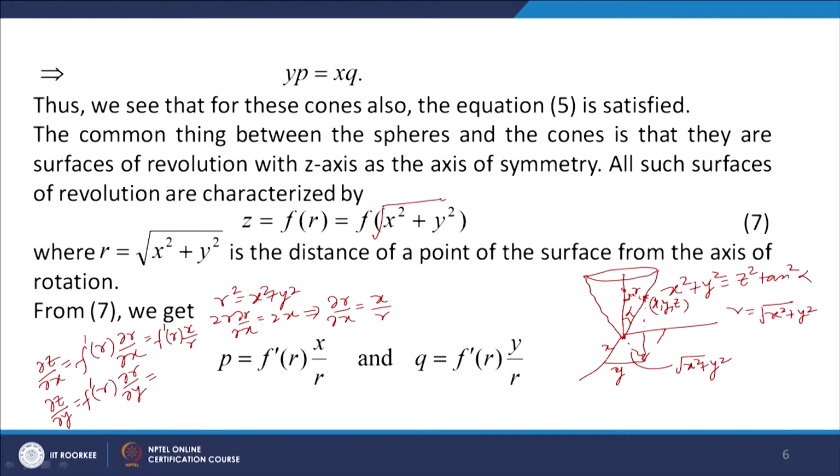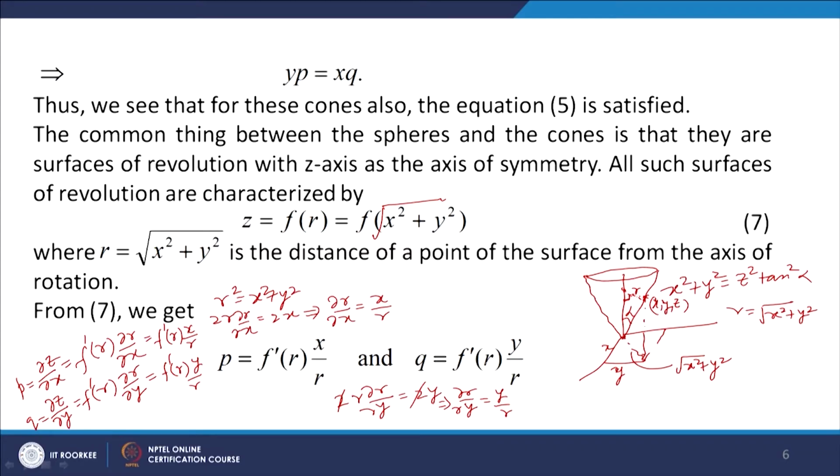Similarly, when you differentiate r square equal to x square plus y square with respect to y, you get 2r times the derivative of r with respect to y equal to 2y, and the derivative of r with respect to y is given by y over r. So, this is equal to f prime r into y over r. So, this is p, this is q. So, p equal to f prime r into x by r, q equal to f prime r into y by r.